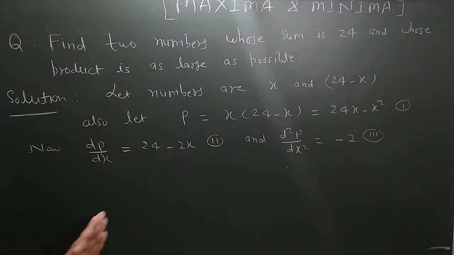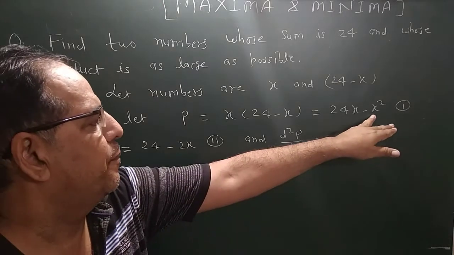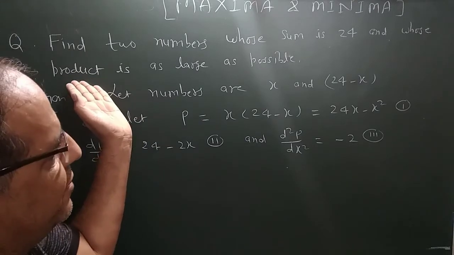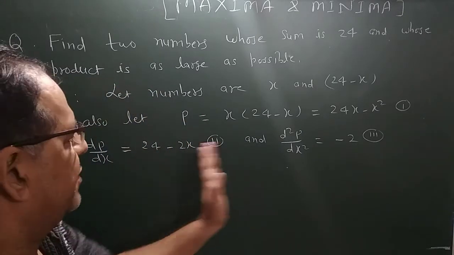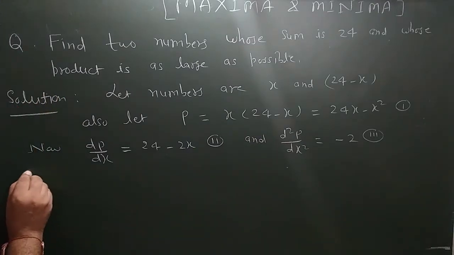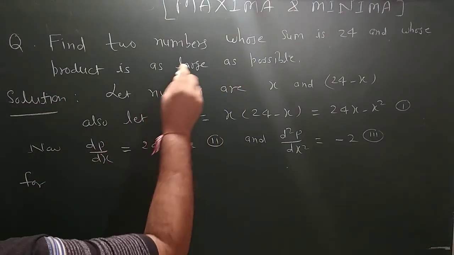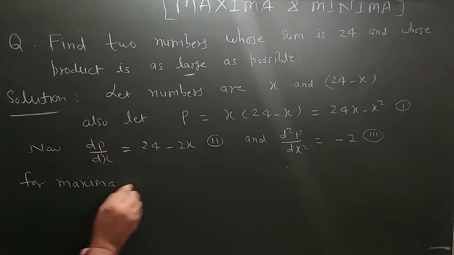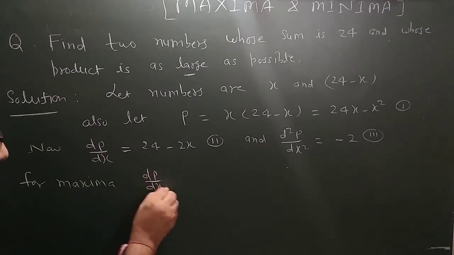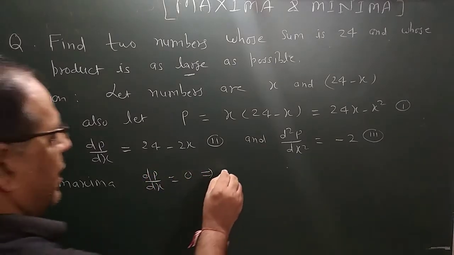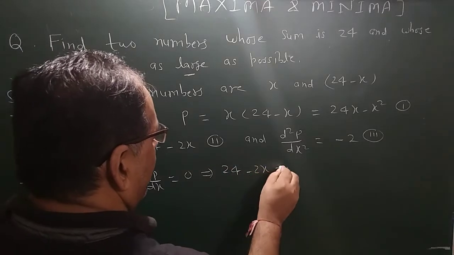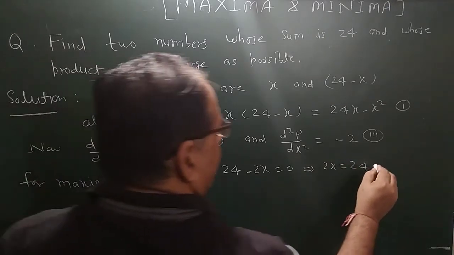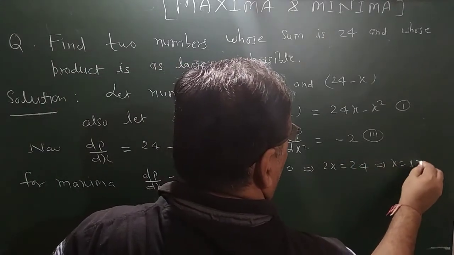These three terms are compulsory for the second order derivative test: first, the required function; second, the first order derivative; third, the second order derivative. Here we want P to be large. Large means maximum. For maxima, dp over dx will be equal to 0. That means 24 minus 2x equal to 0, 2x equal to 24, x equal to 12.